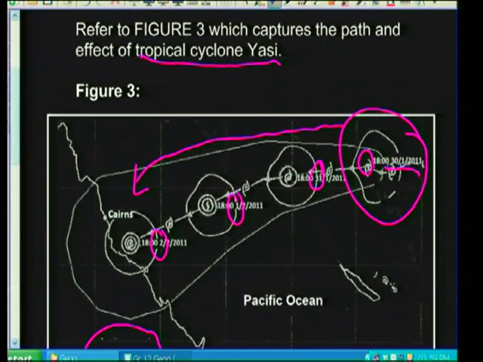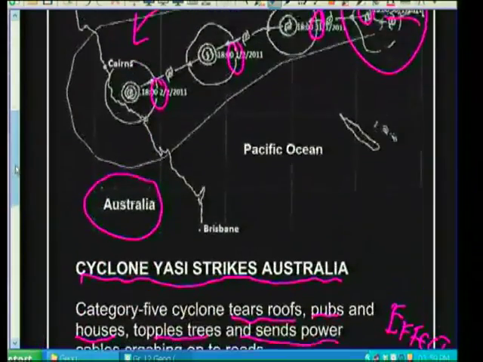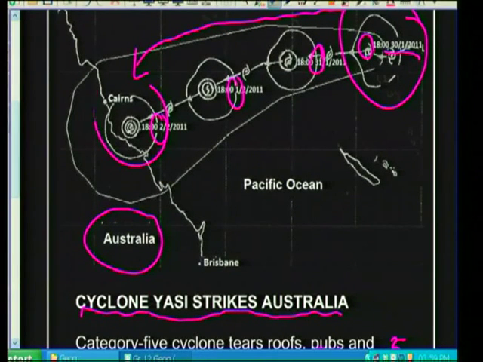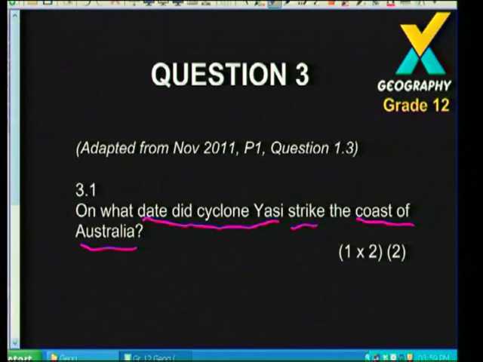But we need to look at the question itself. It says, when did it strike Australia? And this is the one that it is. And that's clearly the 2nd of February 2011. So we need to be careful when we analyze our diagrams. And we see it's clearly shown there, 2nd of February 2011.